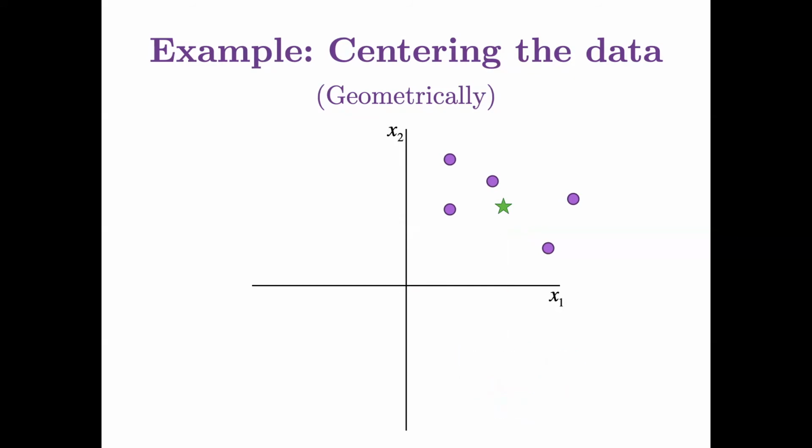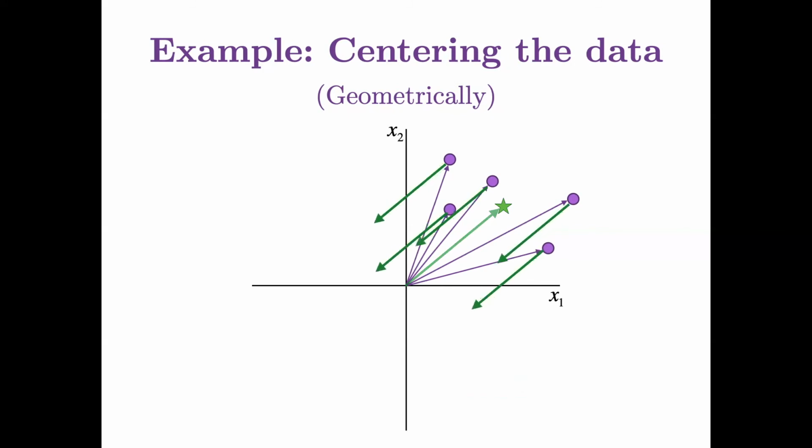Great. So if I think about these purple points instead as vectors, and also the green star, the centroid, as a vector, what happens when I subtract that mean vector? Well, I simply have to consider walking the direction and magnitude of the purple arrows and then the opposite direction of the mean.